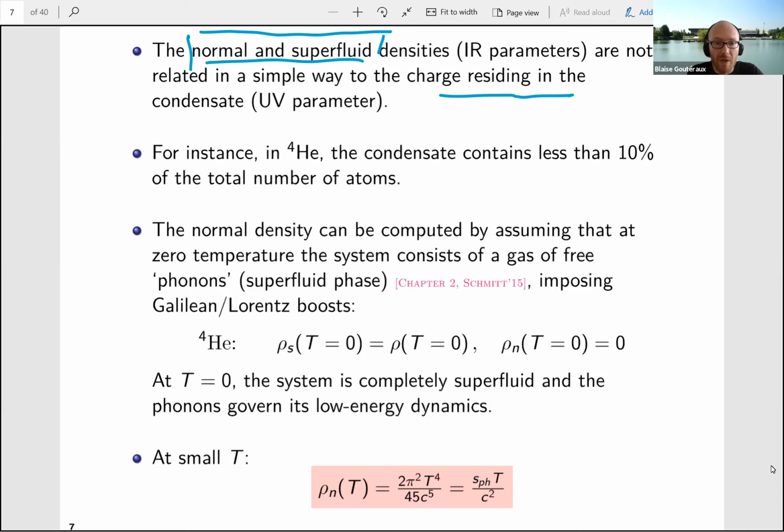Yet, another well-known result is that in helium-4, the superfluid density at zero temperature is equal to the total density, not charge, sorry, to the total density. So even though not all the system has condensed, not all of the atoms are sitting in the condensate, all the atoms behave as a superfluid. There's no normal component left at exactly zero temperature. Do you see what I'm trying to say? This is an important point.